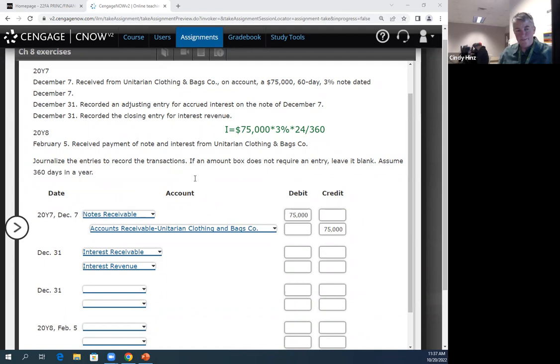As far as I've seen, they do tell you every single time to use 360 days. So we've earned interest for 24 of those 60 days of the note. We have earned $150.